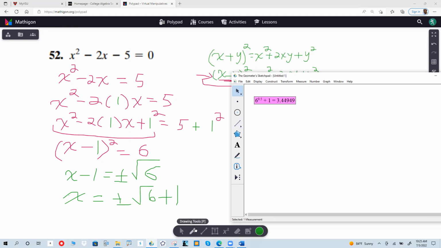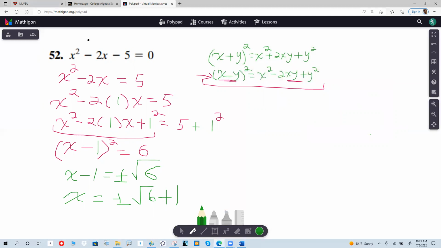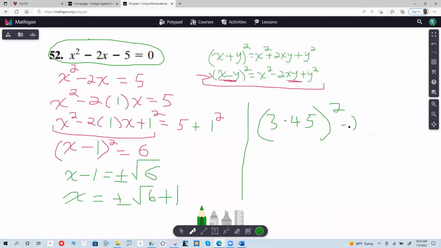I'm going to check 3.45 here as follows. 3.45 squared minus 2 times 3.45 minus 5. It should be pretty close to 0.